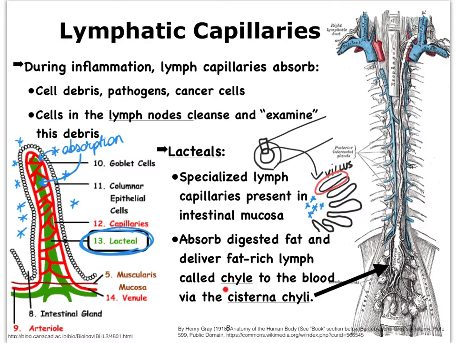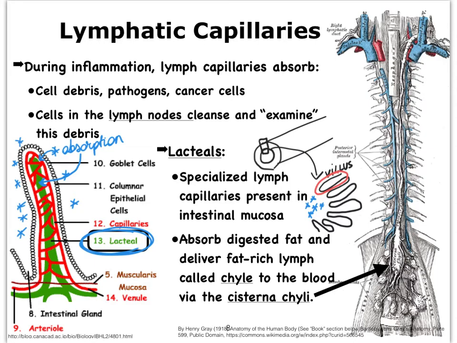Remember, cisterna is another way of referring to a storage site. It's a storage site for the chyle, because the chyle is what we call the fatty-like lymph that is absorbed into this part of our lymphatic system.